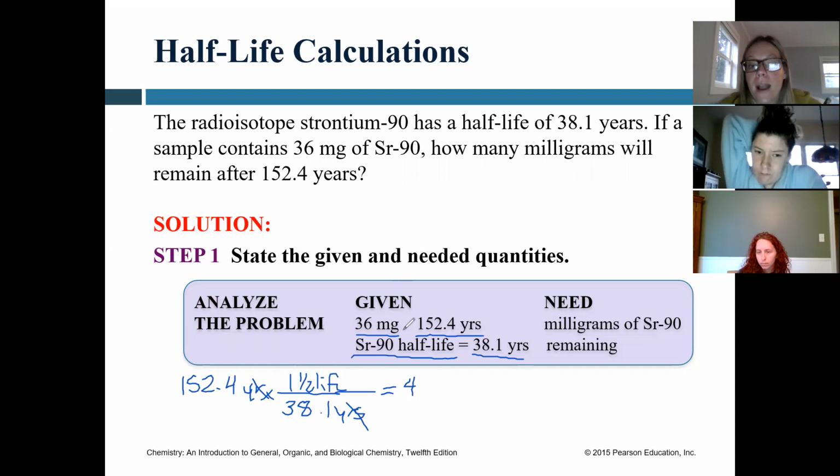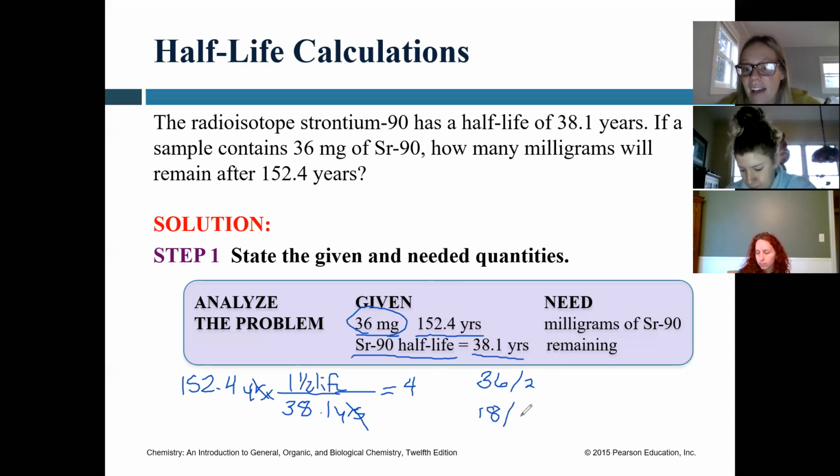Well, if 4 half-lives have occurred, that means I need to take my original sample of 36 and cut it in half. How many times? 4 times. So we're going to take 36 and cut it in half. That gives me 18. All right, that's one half-life.